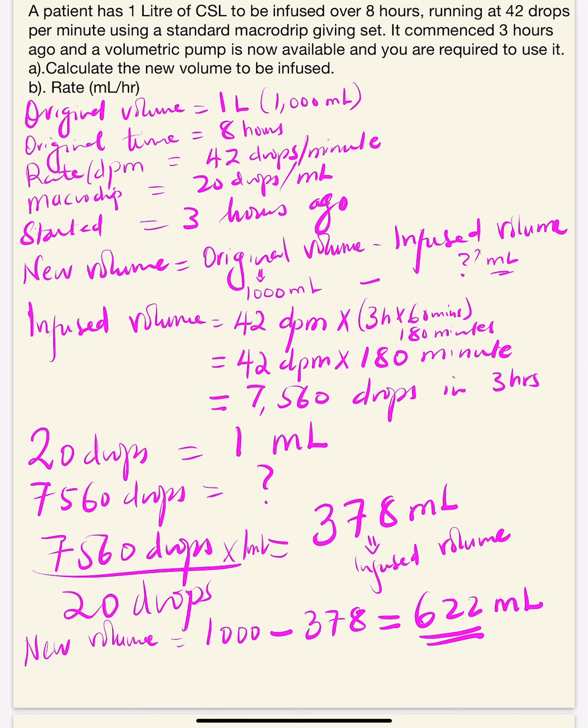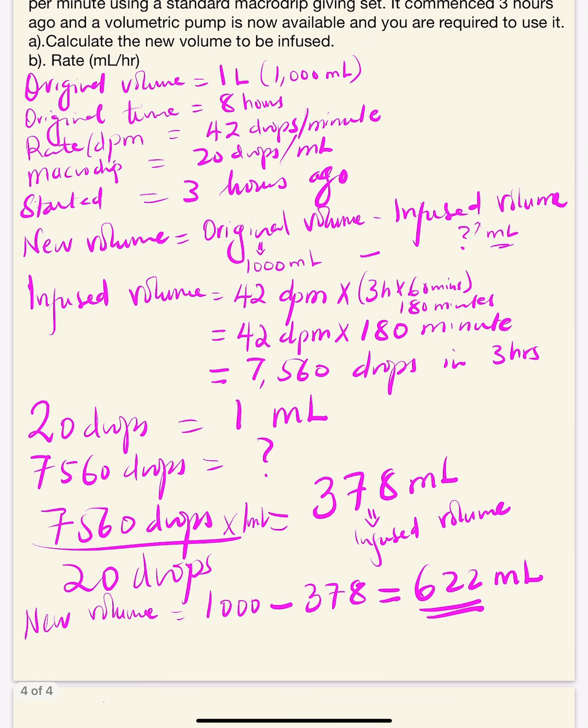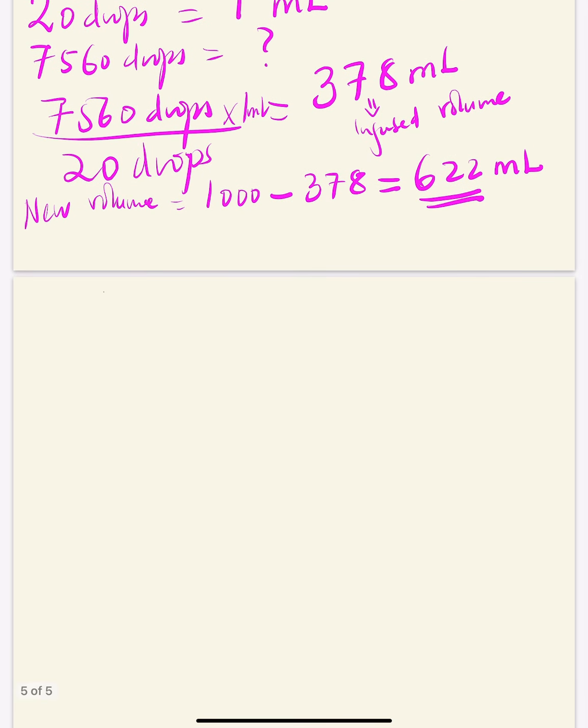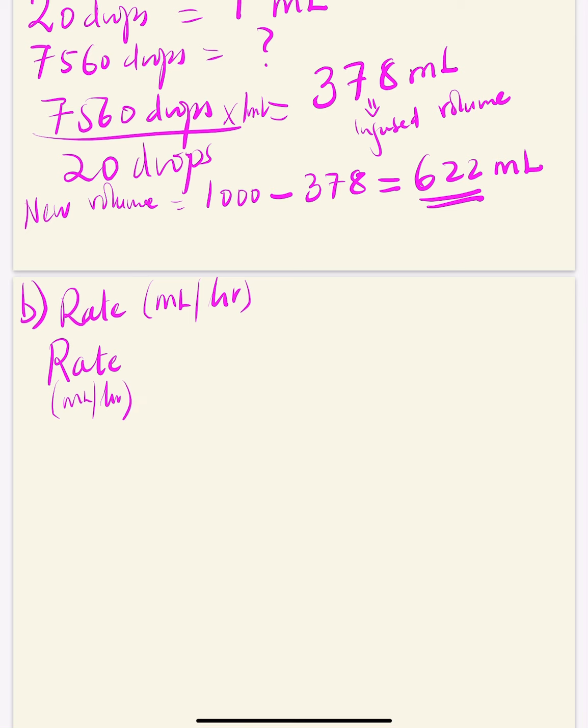Then if we look at part B of this question, it wants you to calculate the rate in mL per hour. We know the formula: rate in mL per hour is equal to the volume over time.